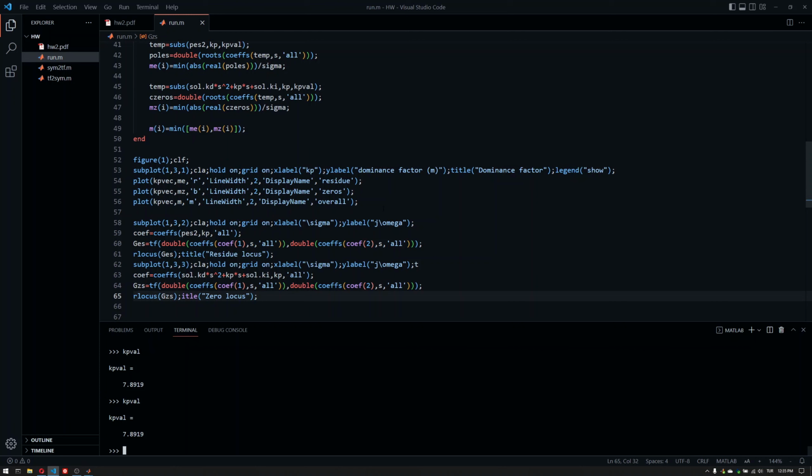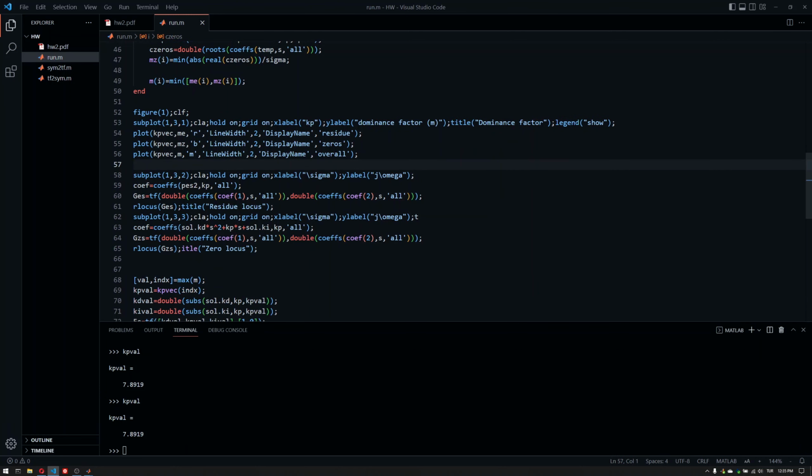what I can do is I can just use, where is it now? So here I can just provide a vector 0.0.2 times kpval should be enough, I guess. So, oh, I messed this up.